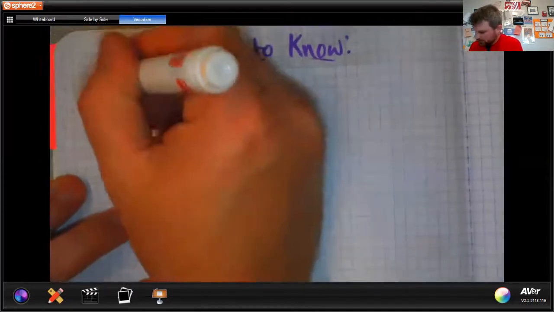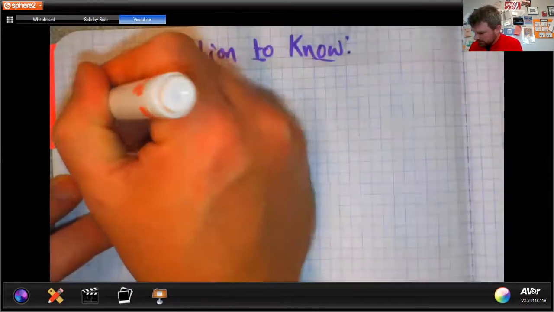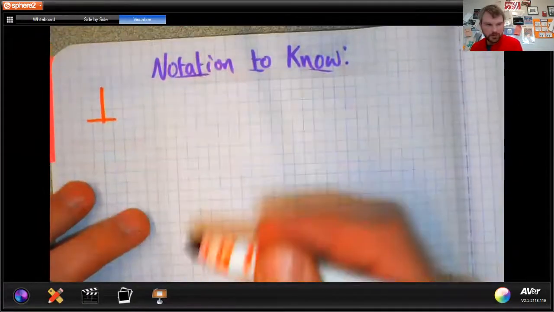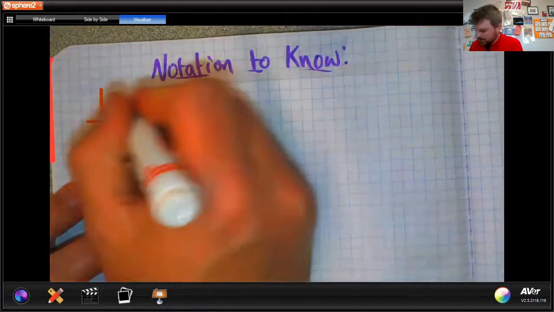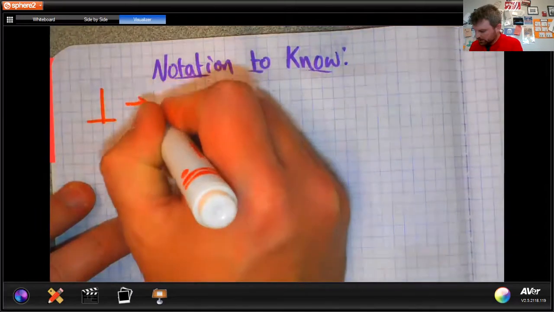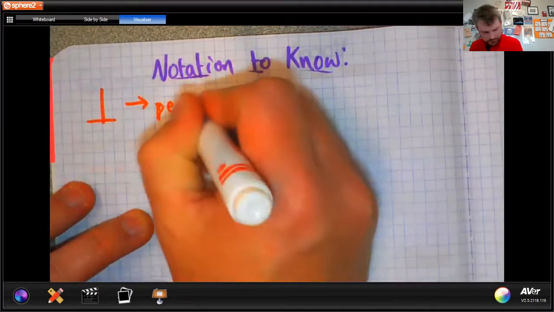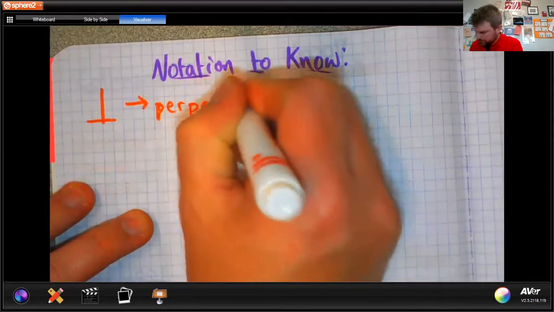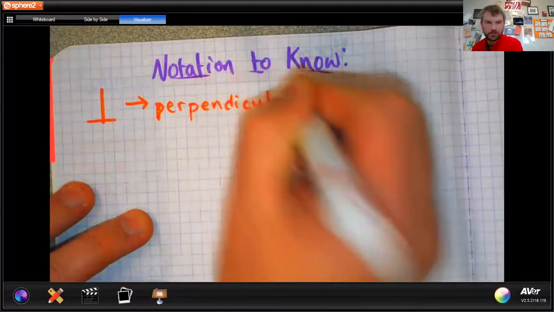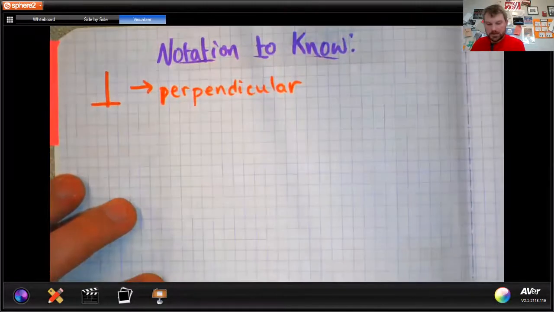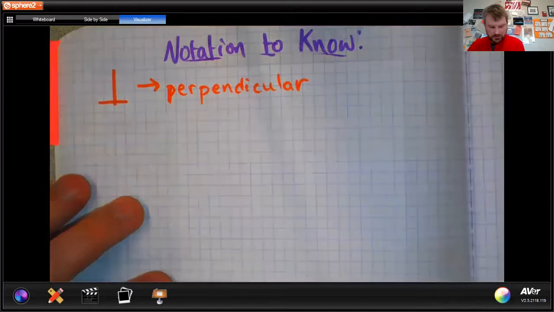The first one we're going to look at is that symbol, kind of an upside down T, and this means perpendicular, which means they intersect at 90 degrees.